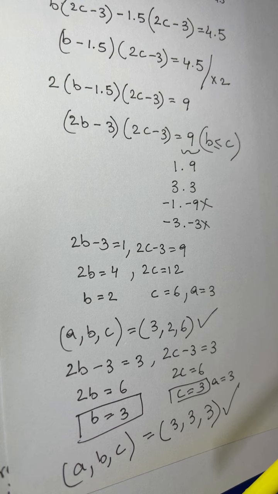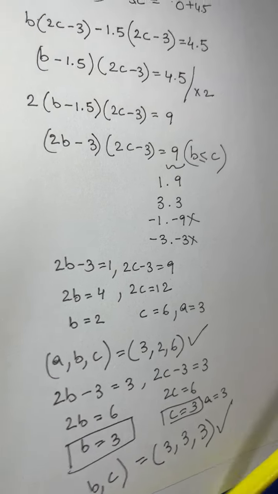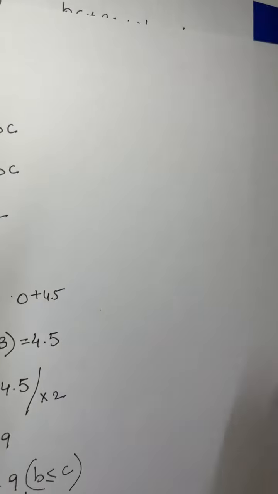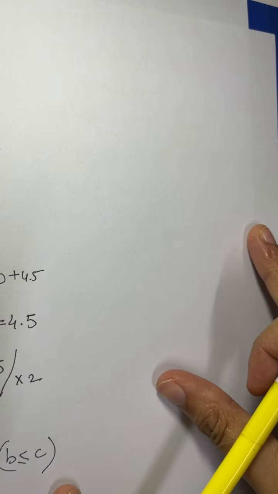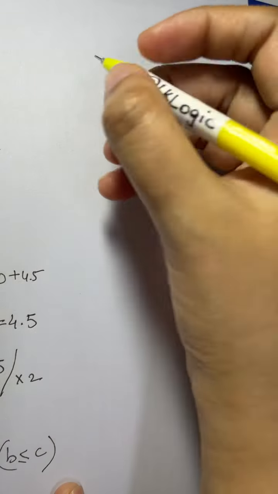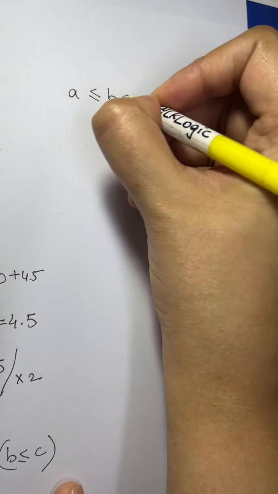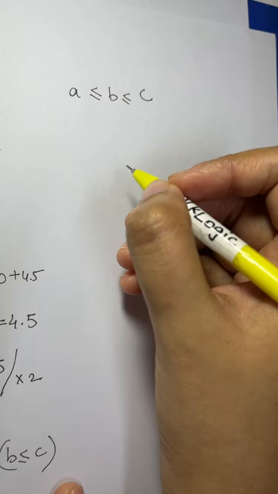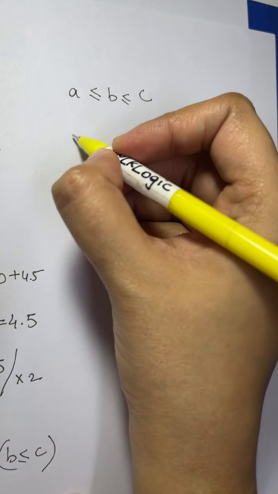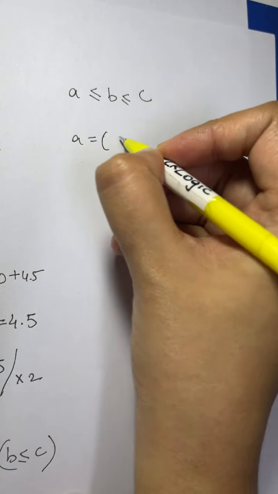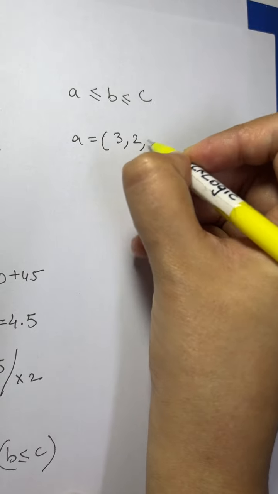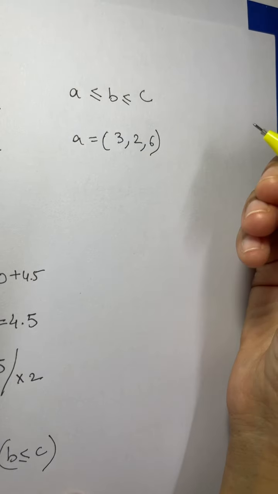Now what can we do? What are all the possible solutions for A, B, C? Let's find. As you already know, the condition is A is less than or equal to B is less than or equal to C. We are solving for this. So if A, B, C is 3, 2, 6, is that possible?